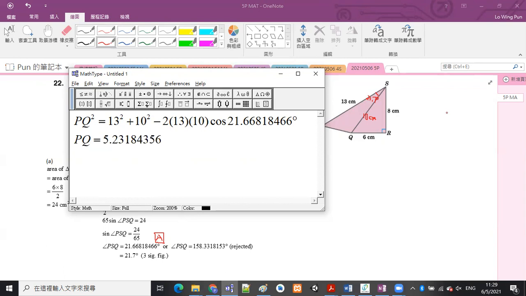5.23184356. And again, this is not the final answer, so I just save this to memory B. Answer stored to memory B. But this is one of the answers, so we need to correct this to 3 SF: 5.23 cm, 3 significant figures.